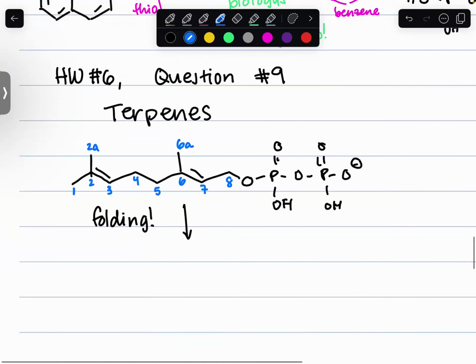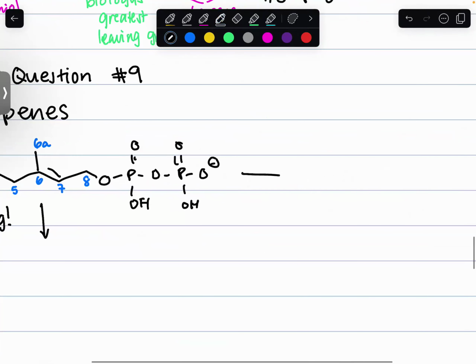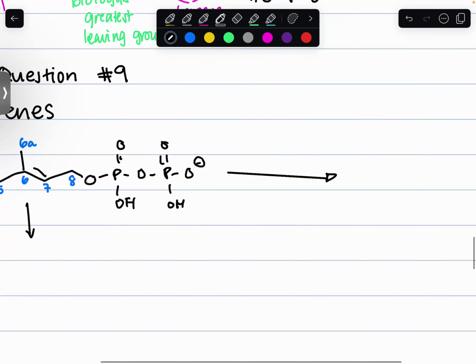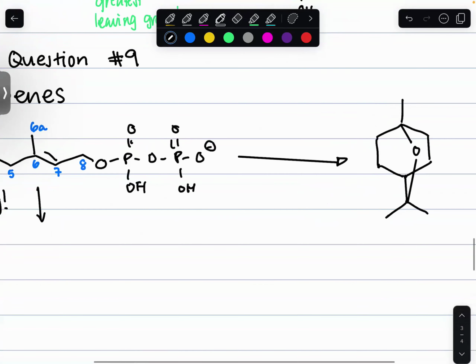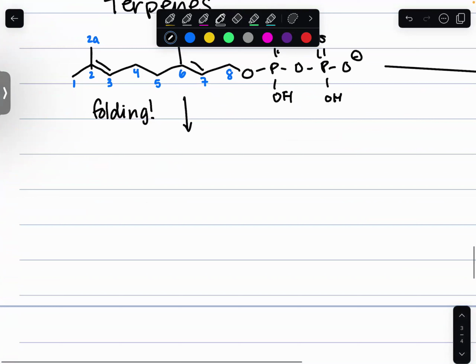When I look at our final product, it has a 6-membered ring, one methyl at the top, and 3 carbons at the bottom. So I'm going to try and make a structure that looks somewhat similar to that.